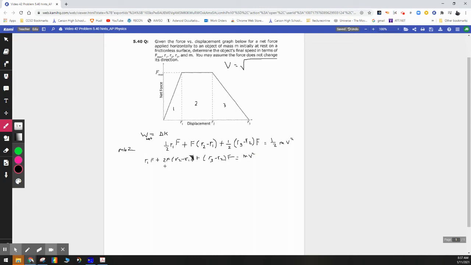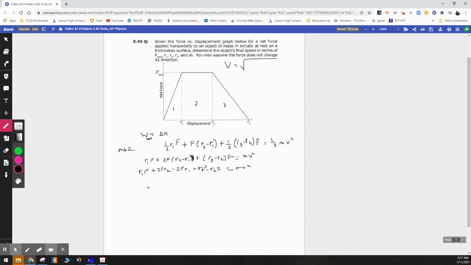All right, so let's do some simplifying here. This is R1F, plus, doing the distributive property, 2FR2 minus 2FR1, plus R3 minus R2, times F, is equal to mv squared.